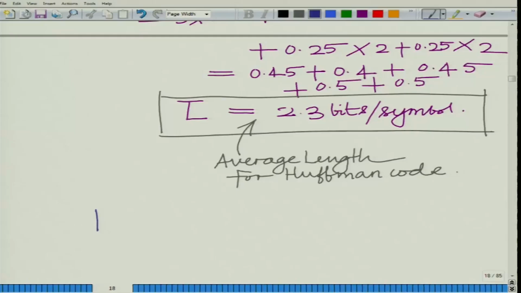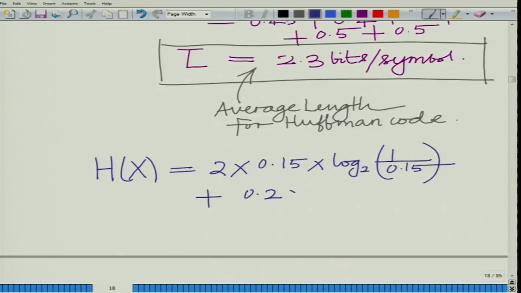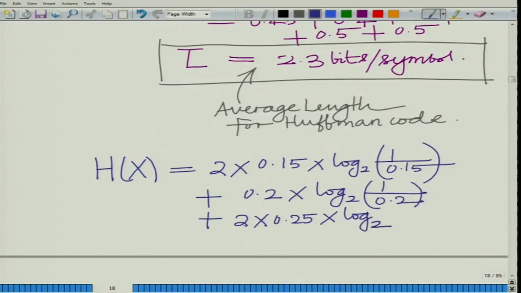So to see how close it is to the lower bound, let us calculate the entropy. The entropy is equal to two symbols with probability 0.15, so twice into 0.15 log to the base 2 1 by 0.15, plus one symbol with probability 0.2, 0.2 log to the base 2 1 over 0.2, plus twice into 0.25 into log to the base 2 1 over 0.25, which is equal to 2.2855.